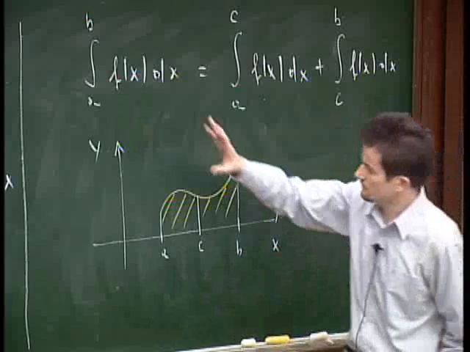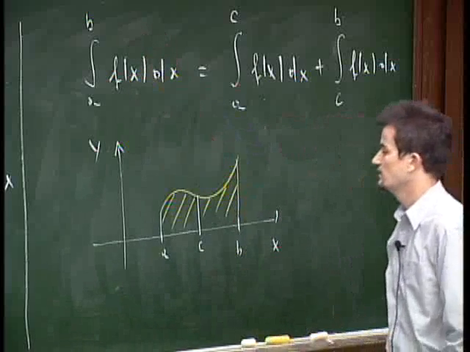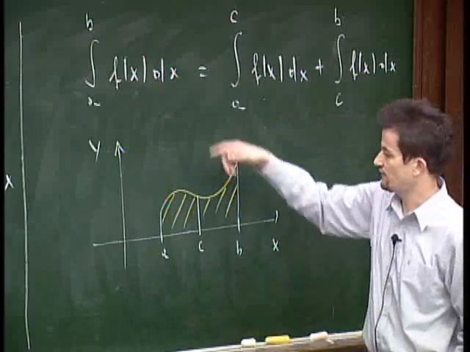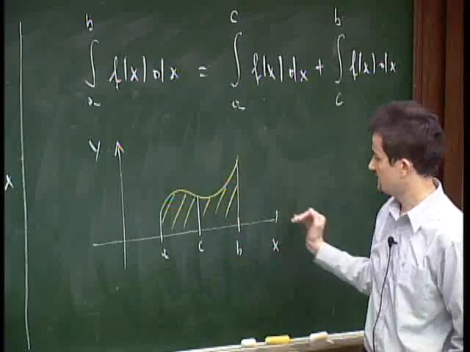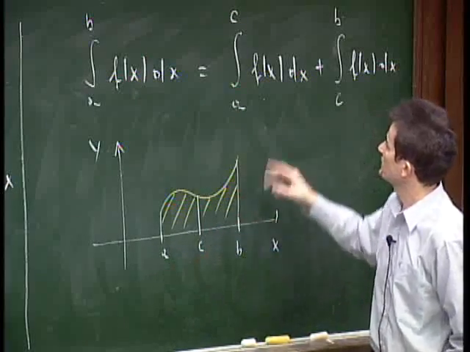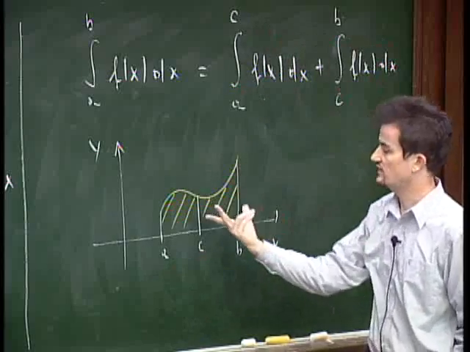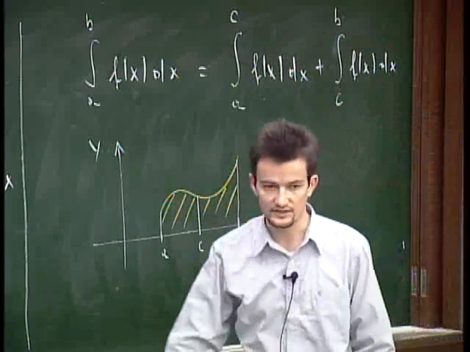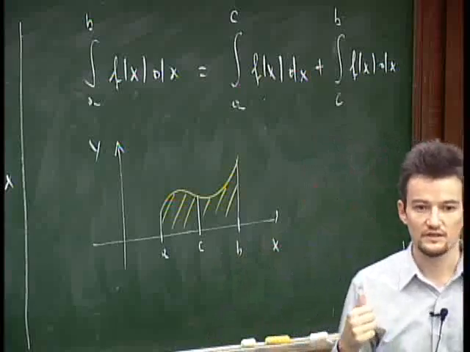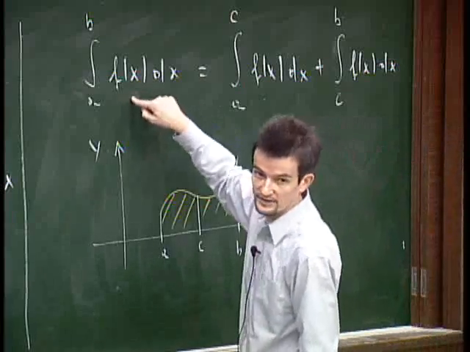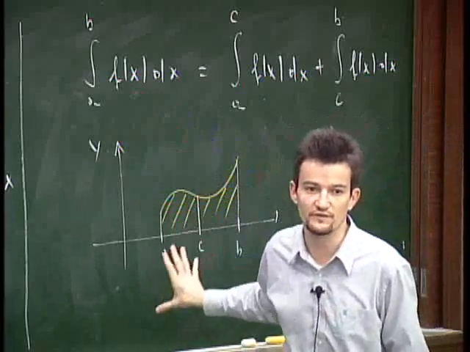The meaning of this integral here is the area below the function f of x and above the x-axis from a to b, and here you just compute this area as a sum of those two areas. It's not a proof, because we have defined the area by this symbol and not the other way around, so this doesn't prove anything.